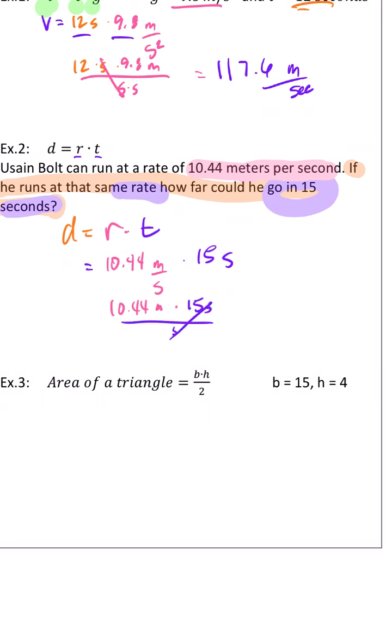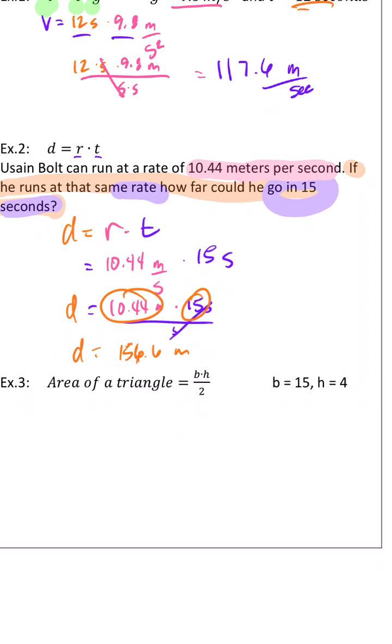So we're done with seconds, right? And this is equal to the distance. So now we just multiply 10.44 times 15, which comes out that you're then therefore going to go 156.6 meters.